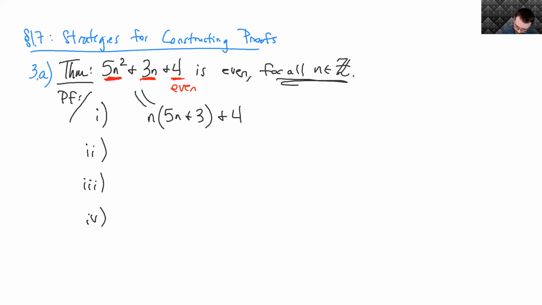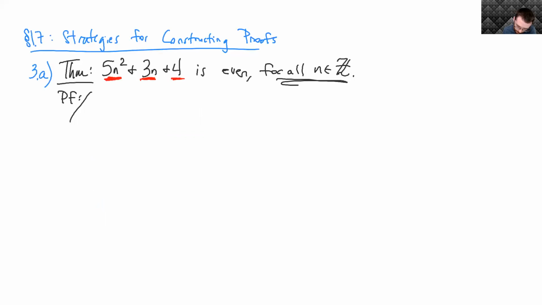And then if I could argue that this piece is always even, I would be fine. And yeah, I think you'll have to do a proof by cases in either event. So maybe that's what I'll say here then.